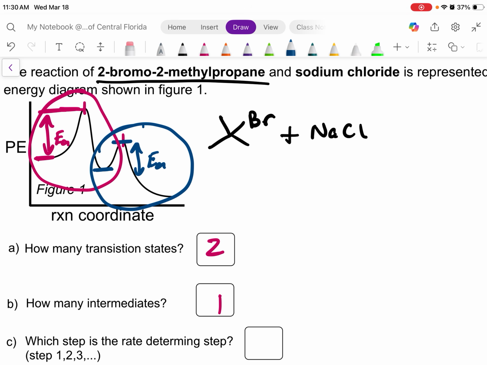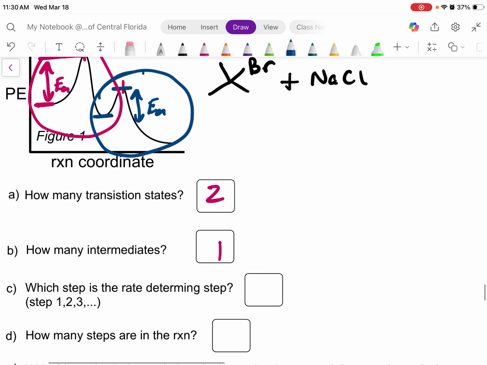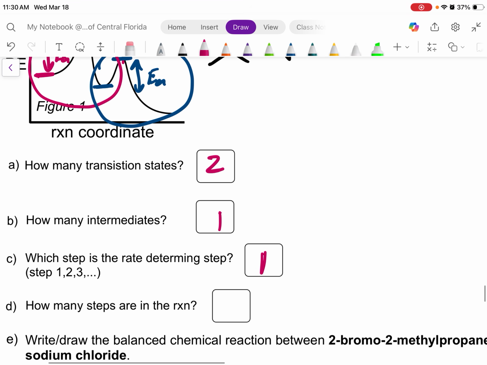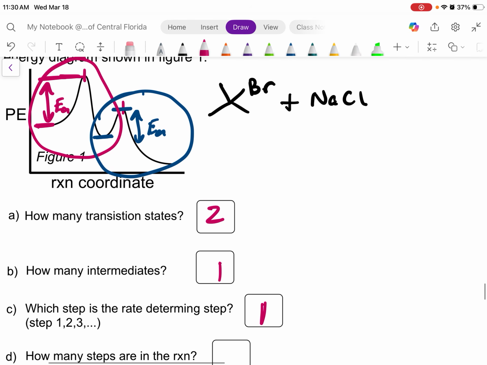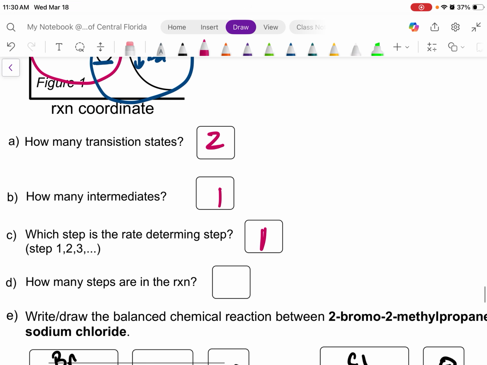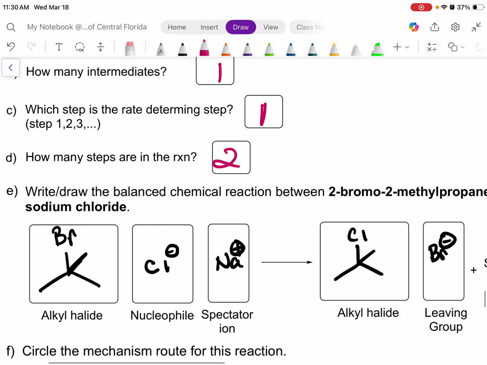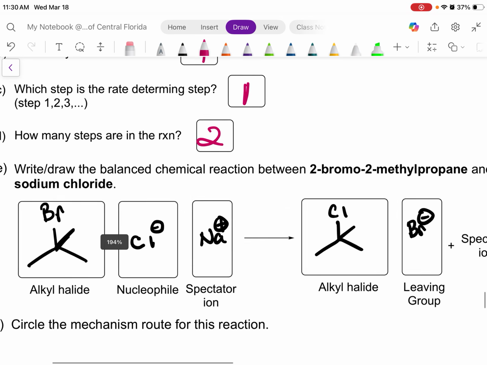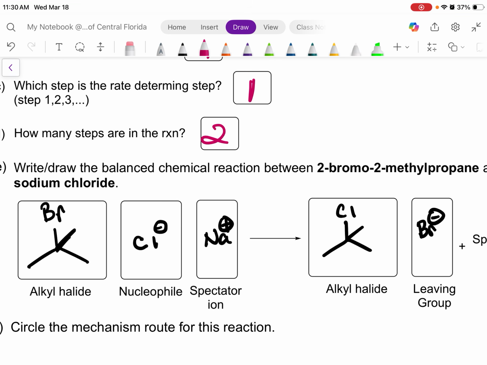And which step has the largest energy of activation? The red one. So that is step 1. How many steps are in the reaction? What you're looking for are how many transition states there are. There's 2 transition states, so that means 2 steps. And this is what we're looking for in the answers, those structures.